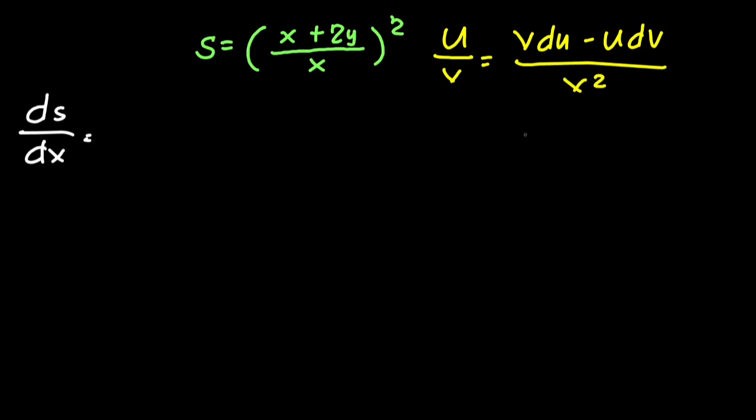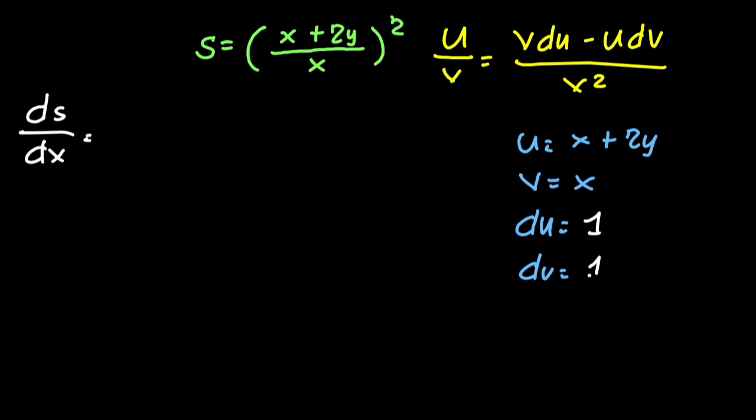So u here in this case, according to the formula, would be x plus 2y. v here would be x. So derivative of u with respect to x right here would be equal to simply 1. Derivative of v, which is x, is simply also 1.